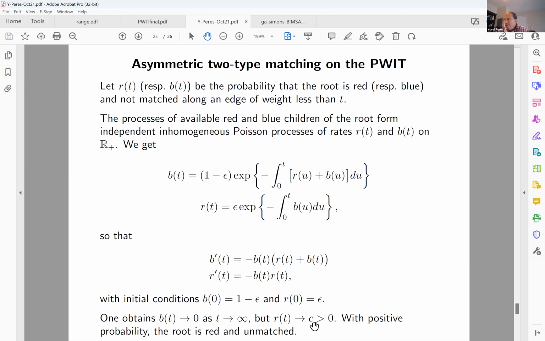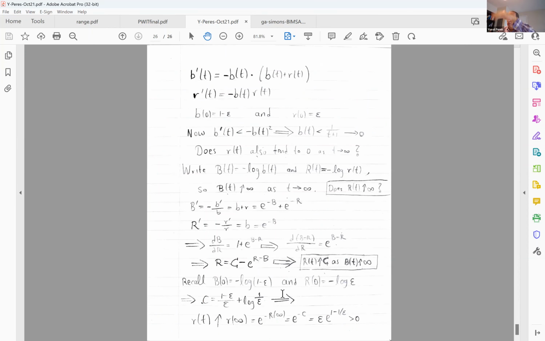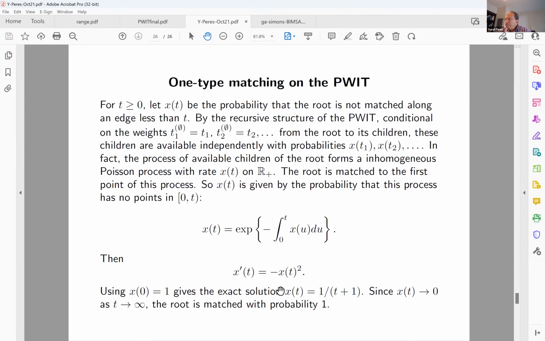That's true on the PWIT, and then a more precise analysis of the coupling between the PWIT and high-dimensional space gives us that the same holds in high-dimensional space, provided the dimension is high enough, with a quantitative element there. I wrote out the calculation for the differential equation, but I won't go through it now.